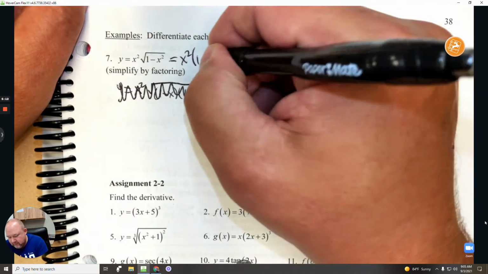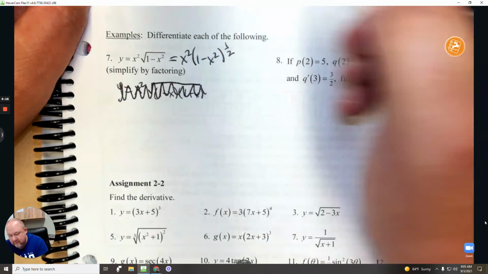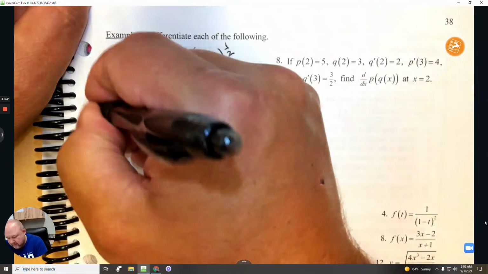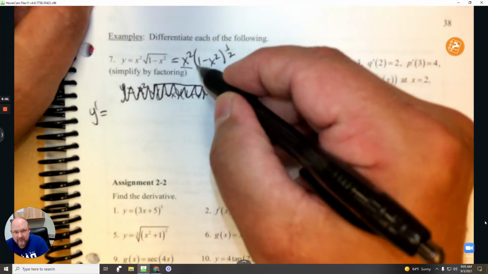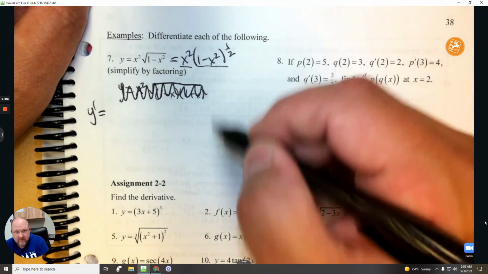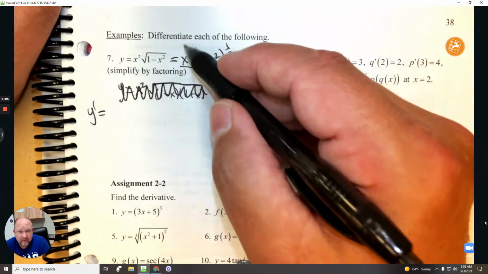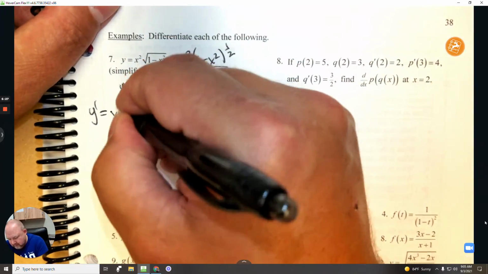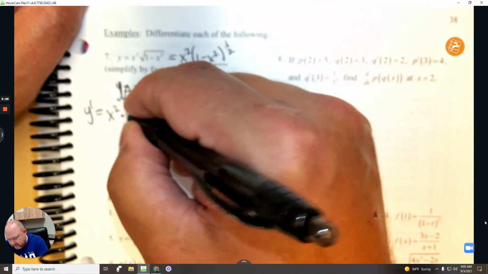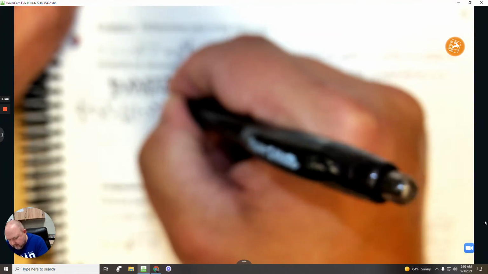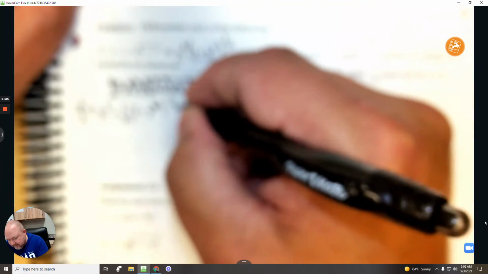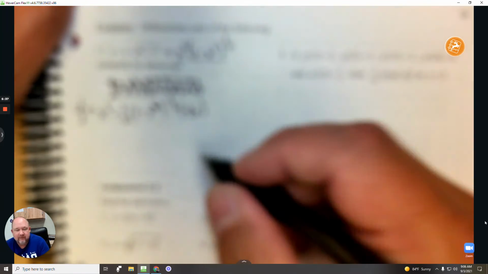Alright, so this is 1 minus x squared to the 1/2. Let's just start there. This is the product rule. So the first is x squared, and the second is 1 minus x squared to the 1/2. So the product rule, the first, x squared, times the derivative of the second, subtract 1 to the exponent, and it has a hook of negative 2x.